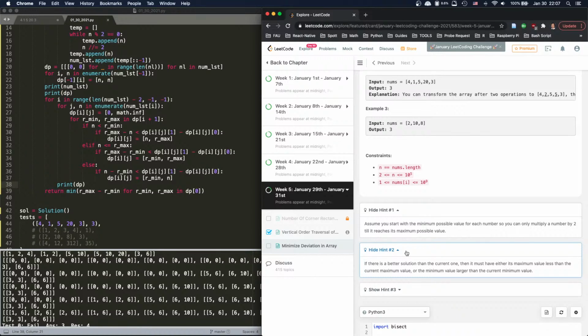If there is a better solution, then it must have either its maximum value less than the current maximum value, yes, or the minimum value larger than the current minimum value. Well, we start with the smallest, so it can only go up. So we just say current min value is 1, current max value is 5.